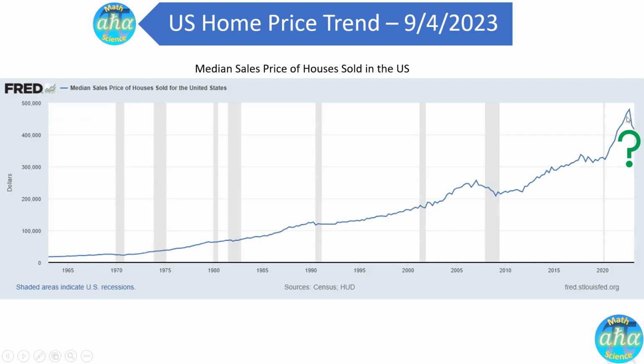And then the median sales price seems to be still going down and did not behave like the Case-Shiller price index, which has already rebounded. It's still going down, but at a slower pace. We want to point out that the median sales price can sometimes be distorted, especially when affordability becomes an issue.